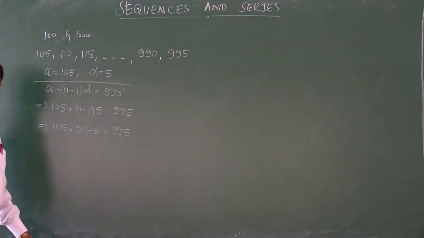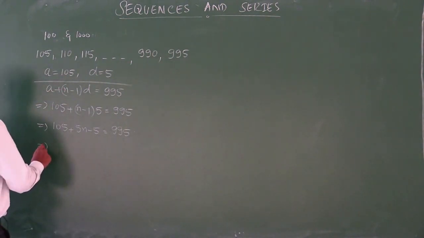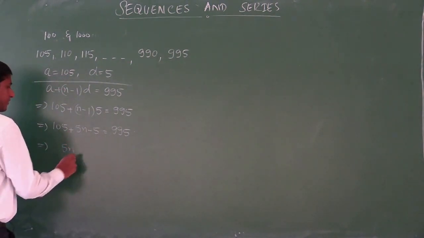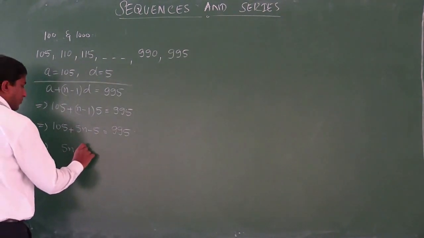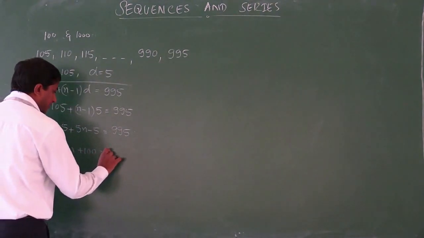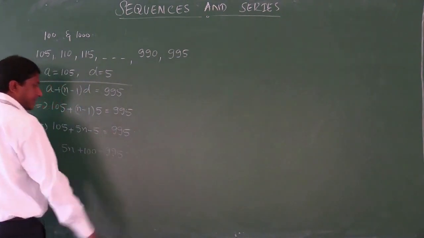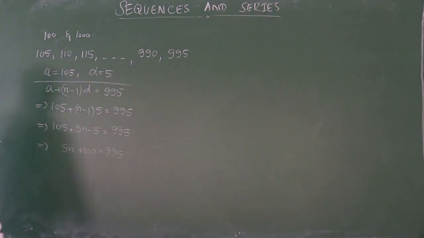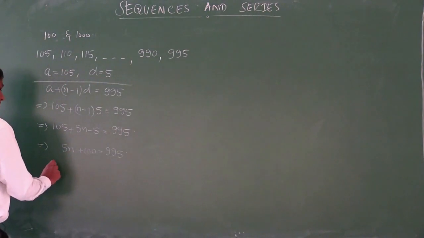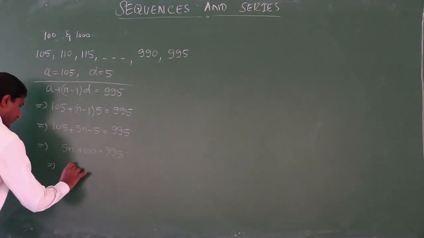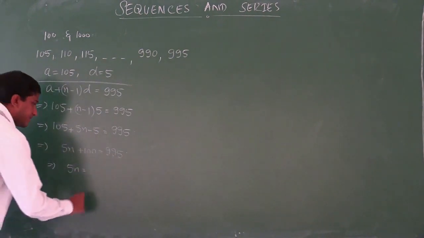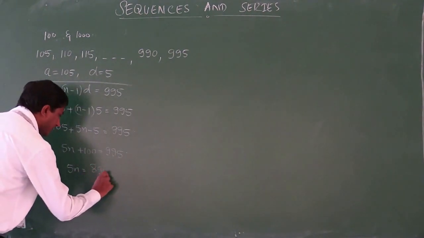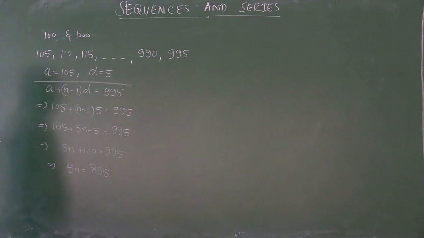Now I can write this as 5n. 105 minus 5 is 100, plus 100 equals 995. Taking 100 to the RHS, 5n equals 995 minus 100, which is 895.